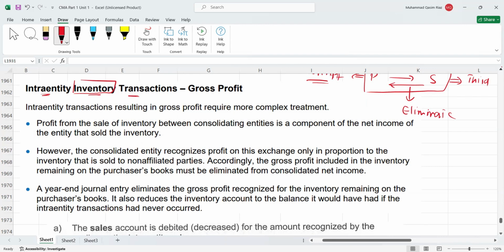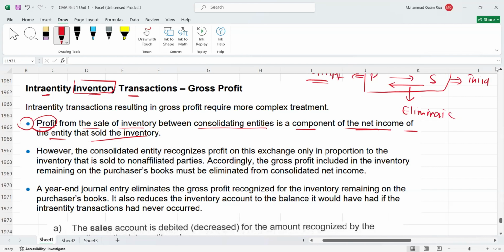So this is point number one. They're saying profit from the sale of inventory between consolidated entities is a component of the net income of the entity that sold the inventory. It could be the parent or the subsidiary.